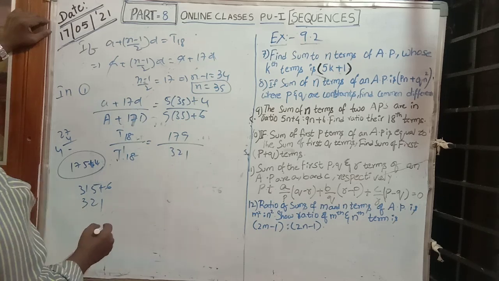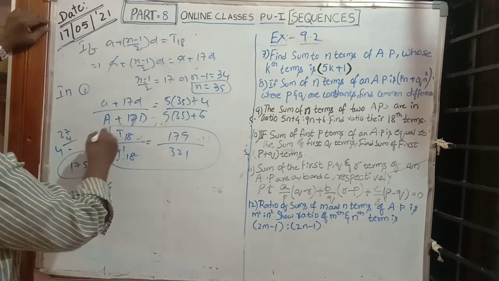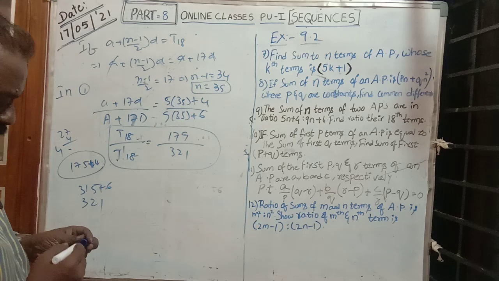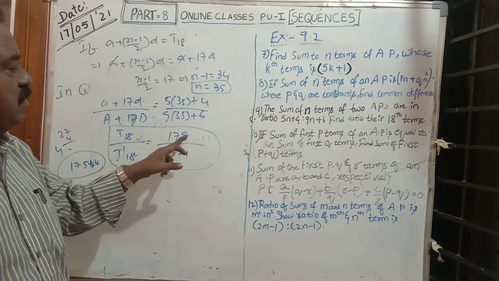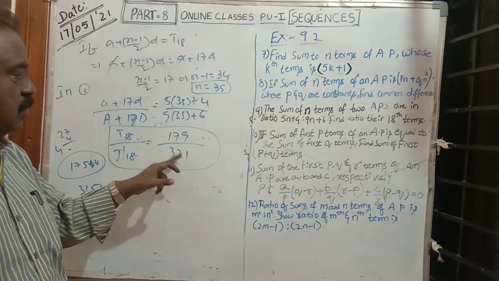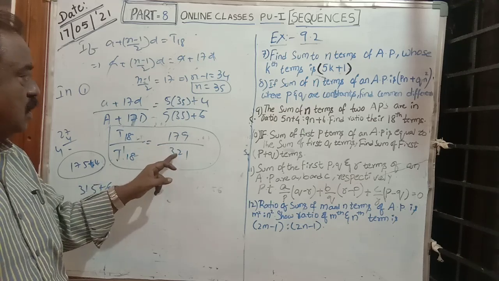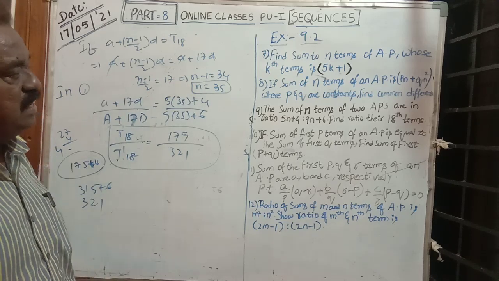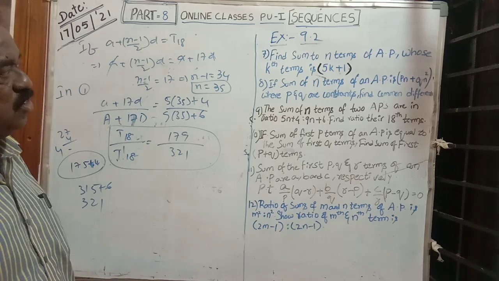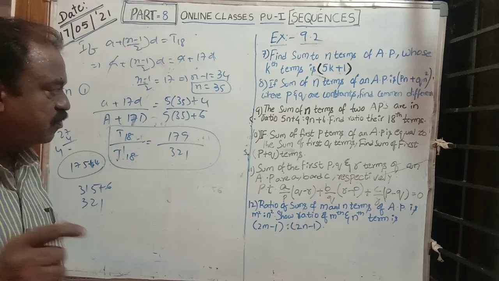So the ratio of the 18th terms of two different APs is 179 by 321. 179 is to 321, as we had to prove. That is the ninth problem. Is it clear? Just pause.